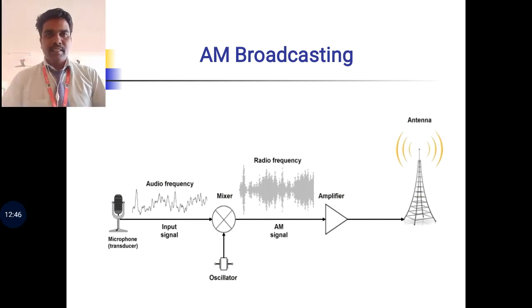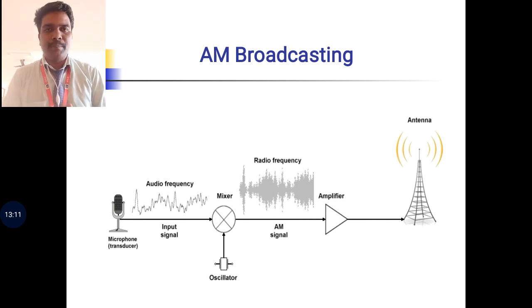So this is an AM application: audio frequency and carrier signal mixing, then the radio frequency AM signal, amplified and transmitted through the antenna. The antenna broadcasts the signal, that is an EM wave signal. The receiver receives the AM signal and we hear the songs. That is a major application of amplitude modulation.